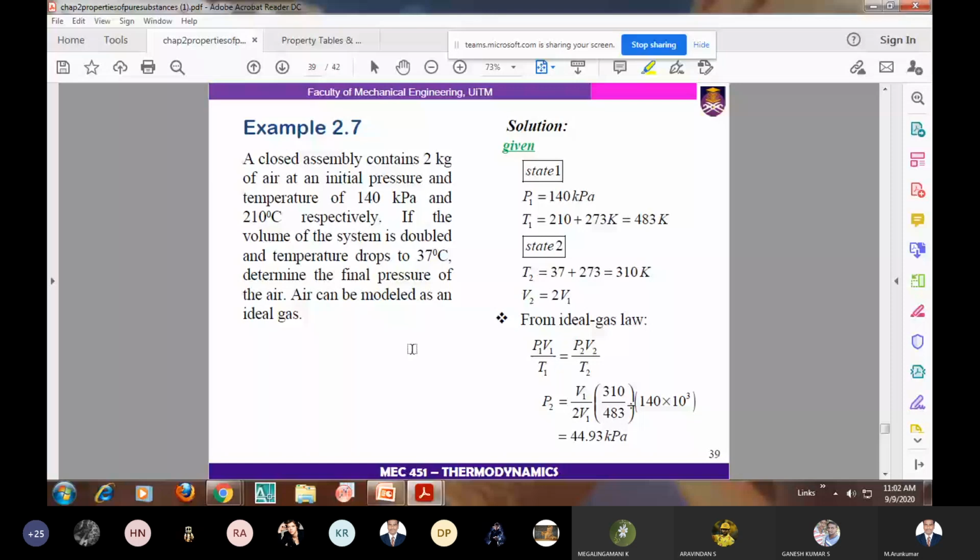If the volume of the system is doubled and the temperature drops to 37 degrees Celsius, so they gave V2, they gave T2. Determine the final pressure of the air. So air can be modeled as an ideal gas.